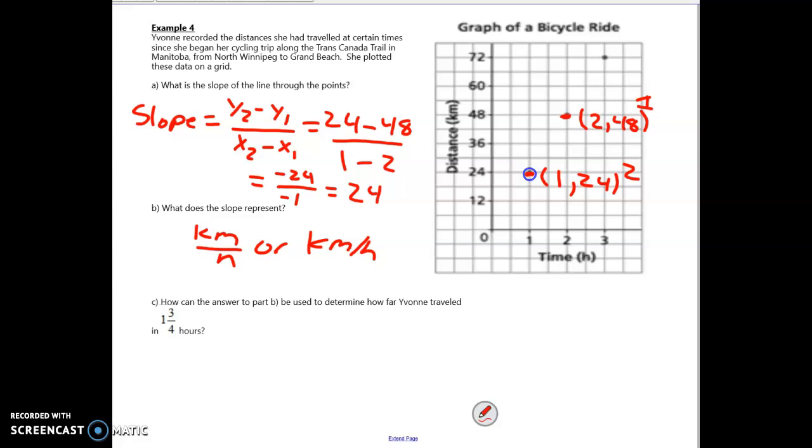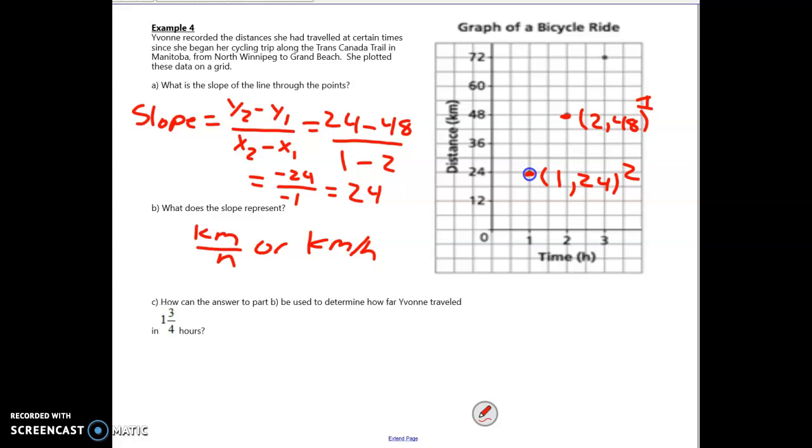And then how can the answer to part B be used to determine how far Yvonne traveled in 1 3/4 hours? Because we know that it's a speed, we can figure out how far she traveled.